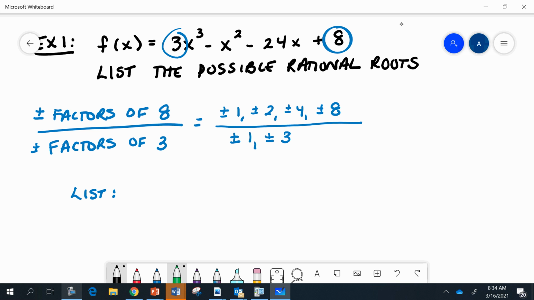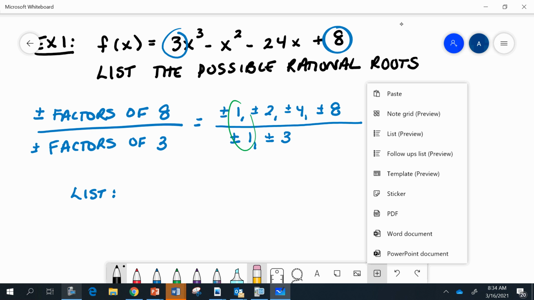So what I'm going to do first is we're going to take every numerator divided by 1. I'm going to get rid of all that clutter right there. Okay, so we're going to take 1 divided by 1, and that's going to give us plus or minus 1 as a possibility.